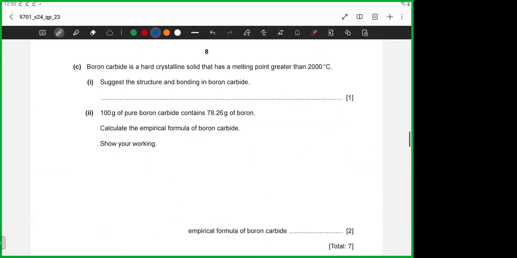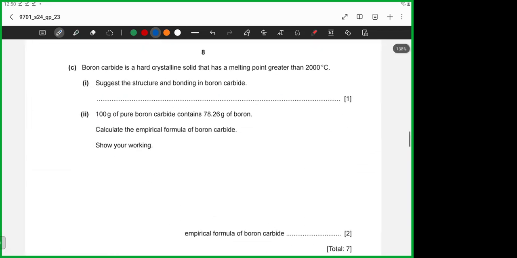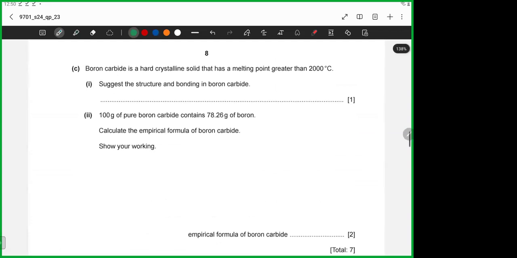Now, the next part is suggest the structure and bonding in boron carbide, which he says has a very high melting point, a hard crystalline solid. So what's the structure? No, it's a giant covalent or a macromolecular structure.